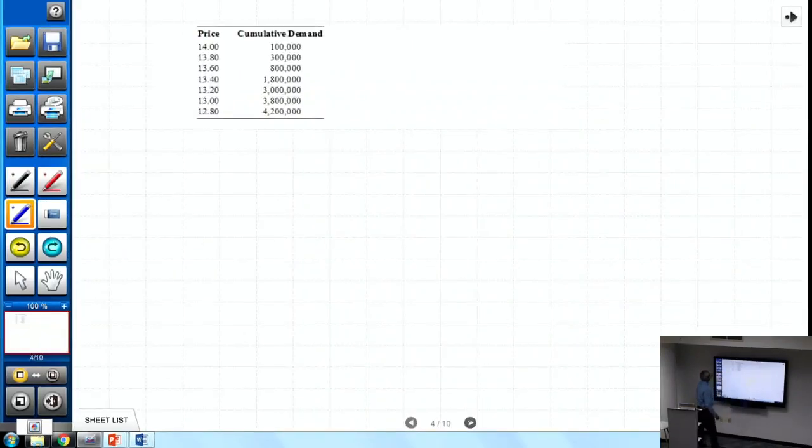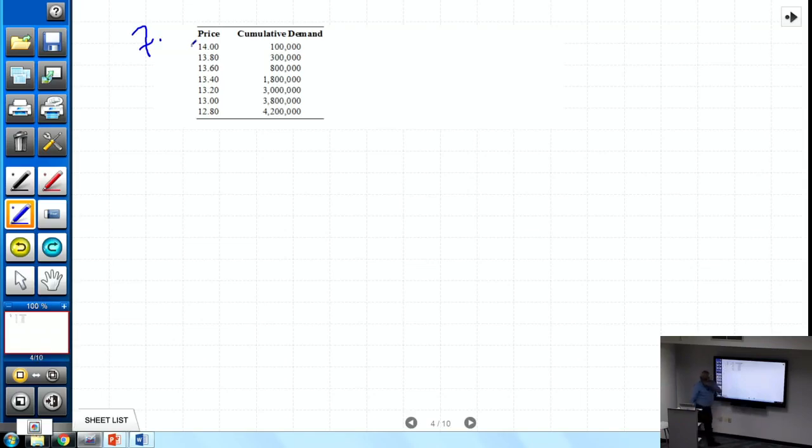Let's move on to question number 7. Question 7 gave us, for an auction IPO, the firm received different bids, and what we have done over here is we have taken each bid and rearranged them from the highest offer to the lowest offer.